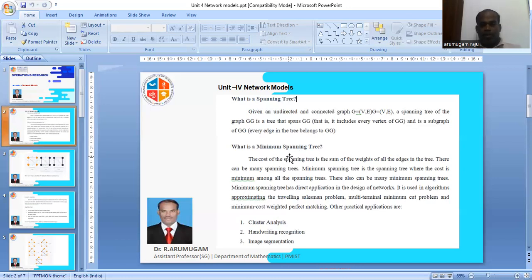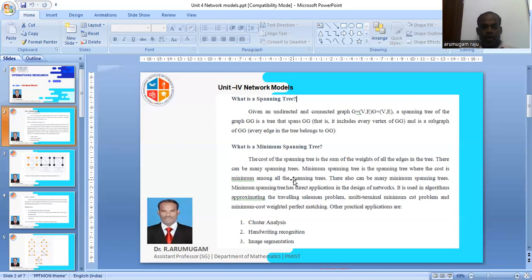So what is the minimum spanning tree? Here the cost of a spanning tree is the sum of the weights of all the edges in the tree.